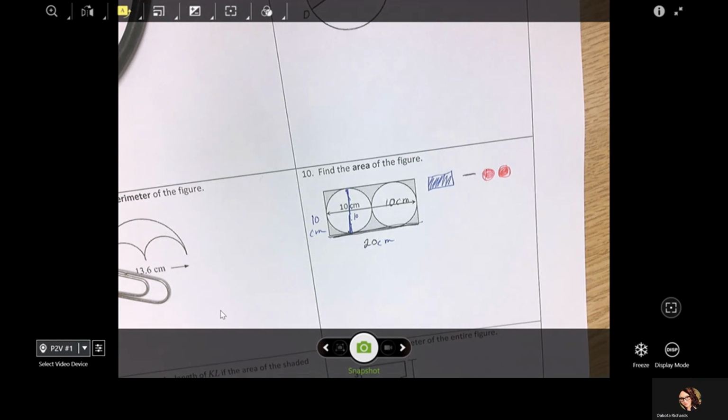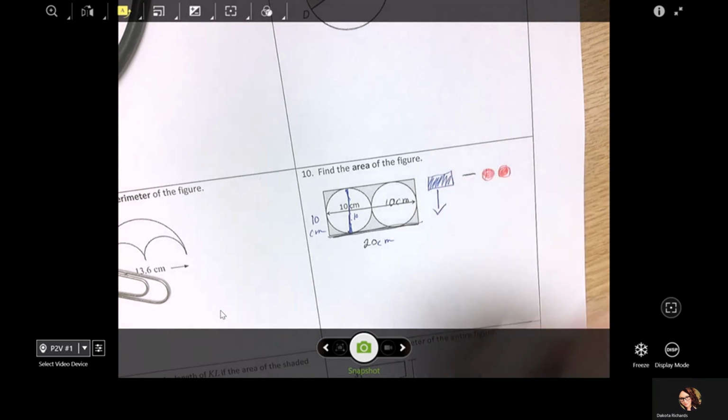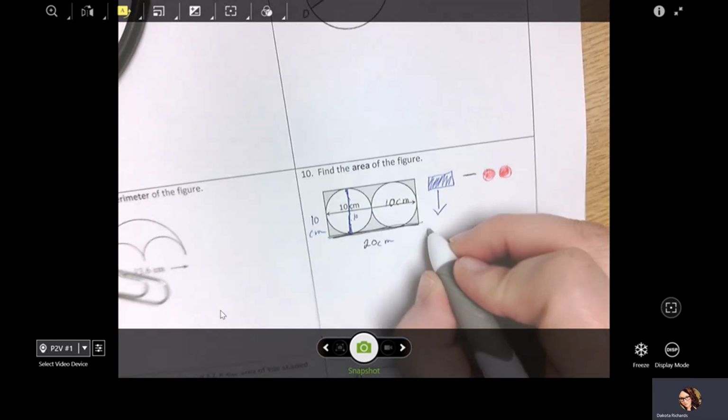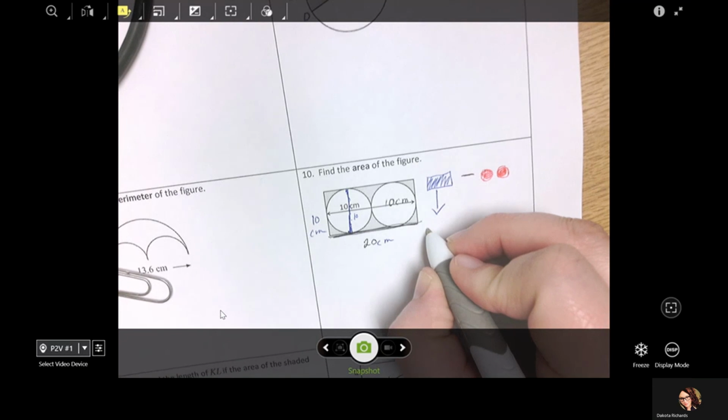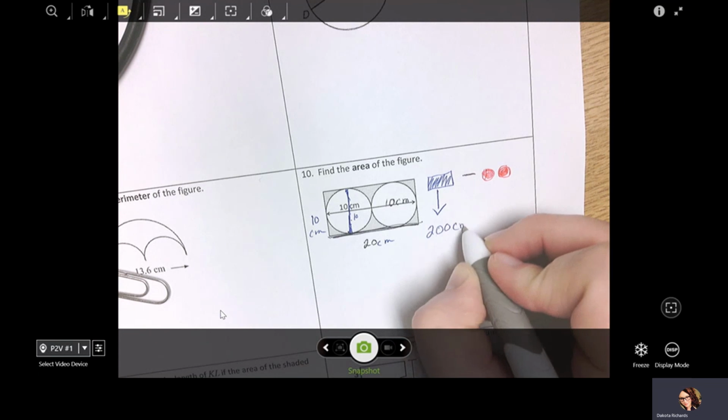Okay. So what is the area of the rectangle? What's 10 times 20? Centimeters. 10 times 20 is 200, so that's 200 centimeters.